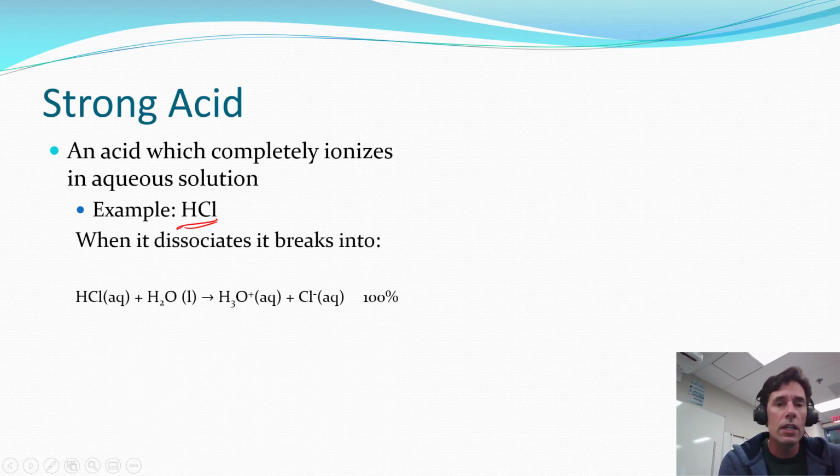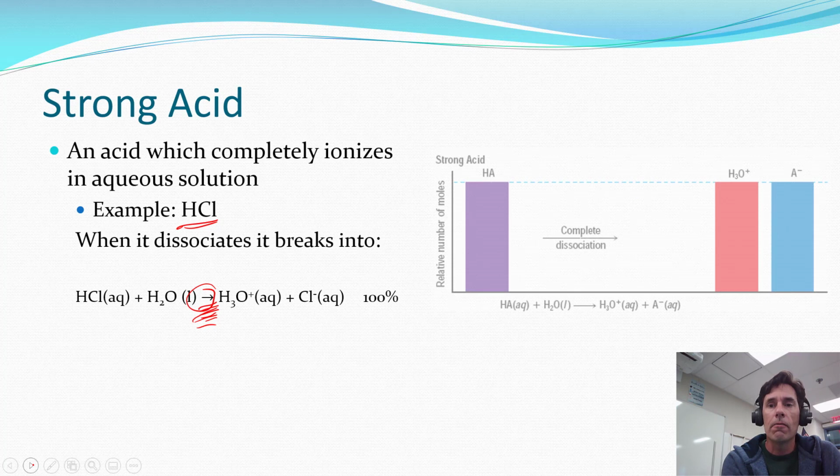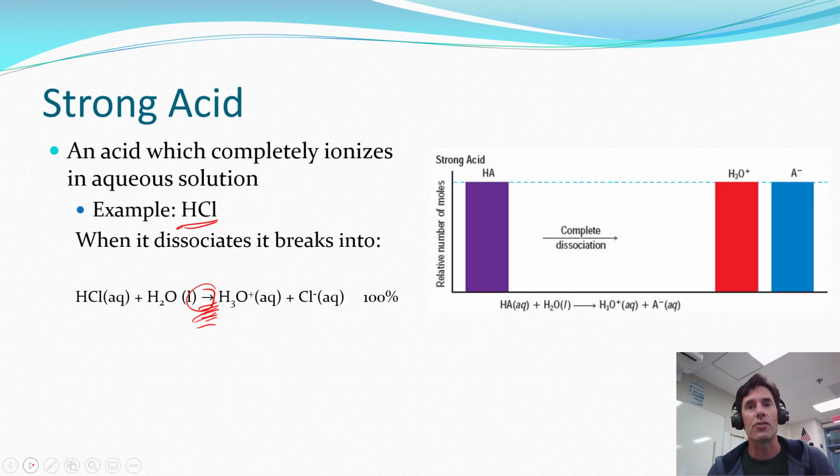So here's what we're talking about. See the arrow? Do you notice that the arrow is going in one direction? That means that it cannot reverse itself. So what ends up happening is that we get 100% ionization, meaning all of it goes to product. For those of you who don't like words, there are pictures. So if we look right here, this is the acid, representing the HCl, reacting with the water.